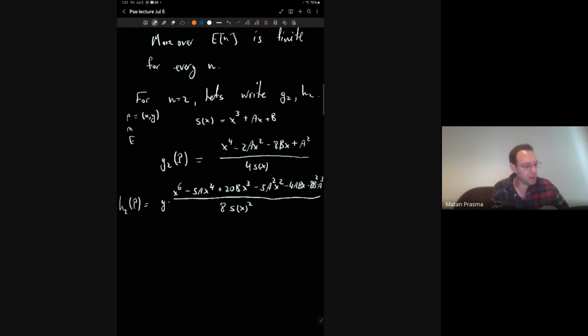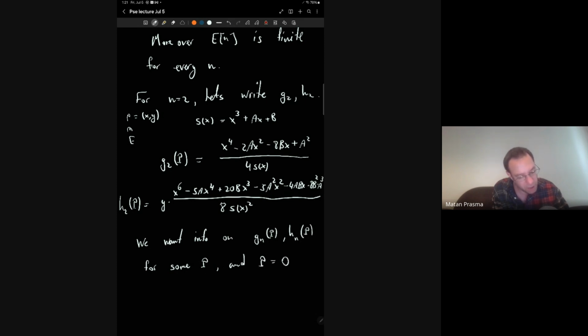And to study G_n(P) and H_n(P) for some P, we need some kind of anchor. The only point in which we can hope to get information is the point at infinity, because the rest we have very little access to.